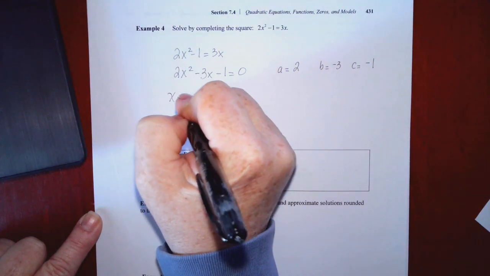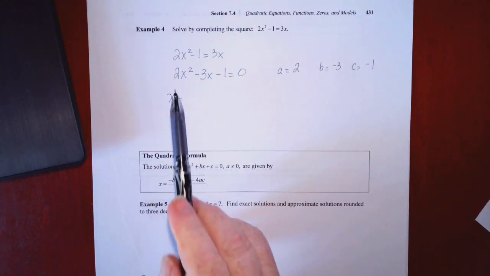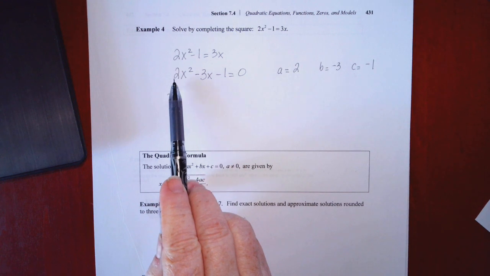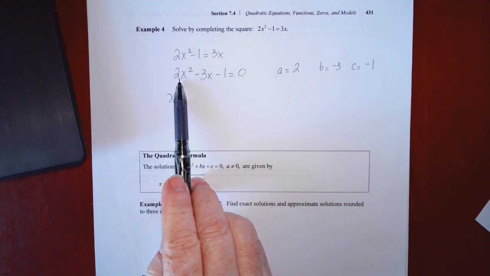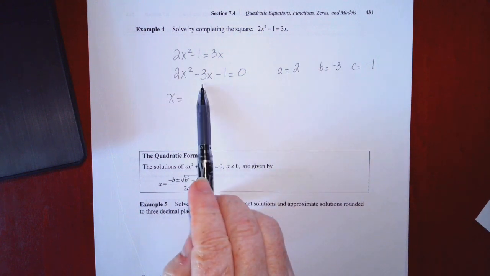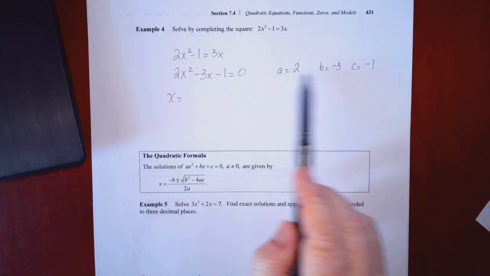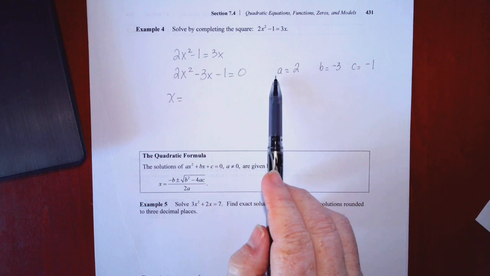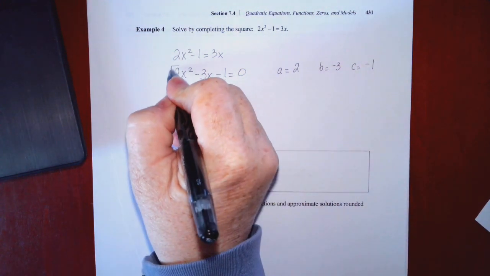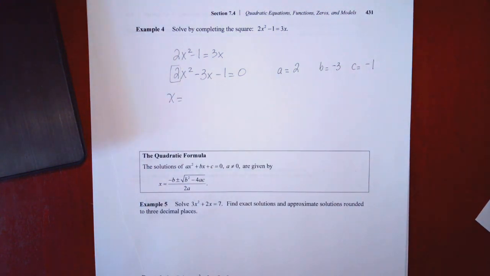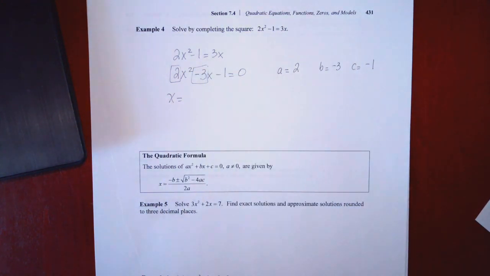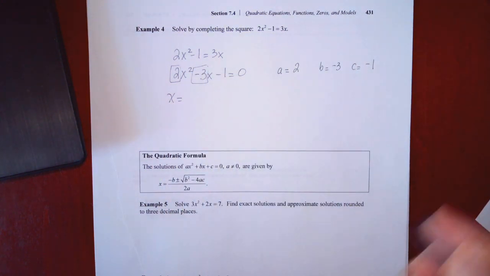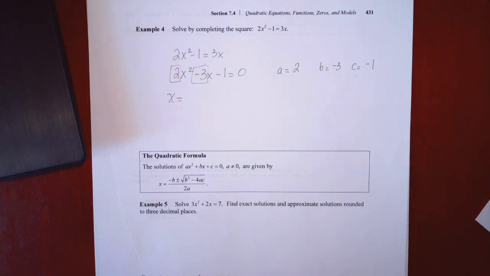So a is the quadratic term. It's the leading coefficient, or the coefficient of your squared term. B is your linear term. But it's just the number parts of those. So a is just the number in front of the x squared. B is the number being multiplied by the x, or the linear term, and c will be your constant term.